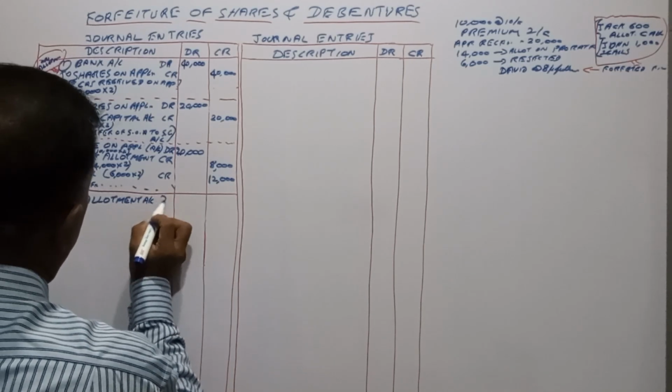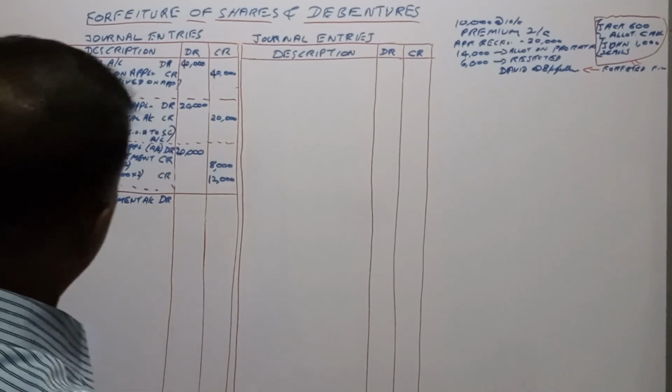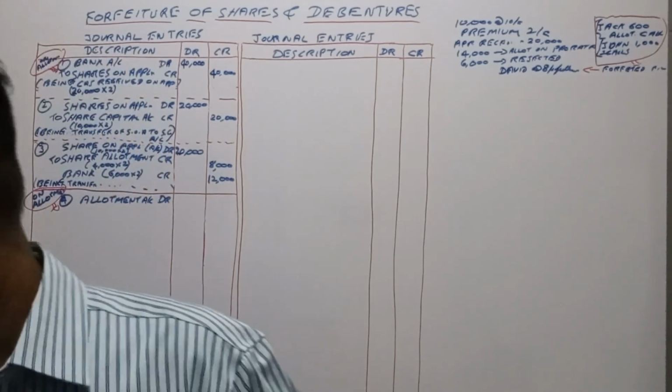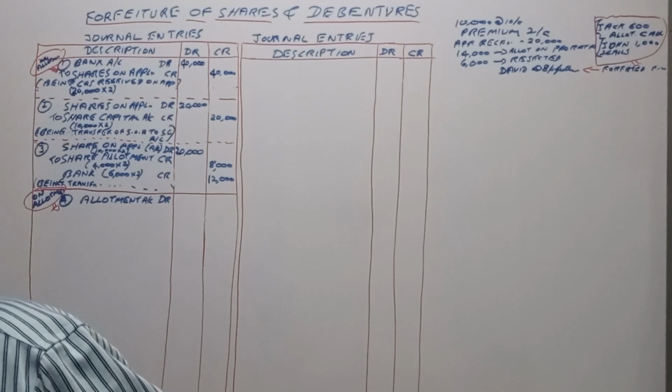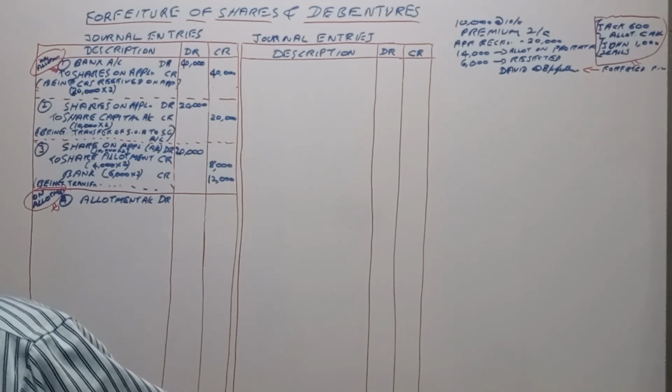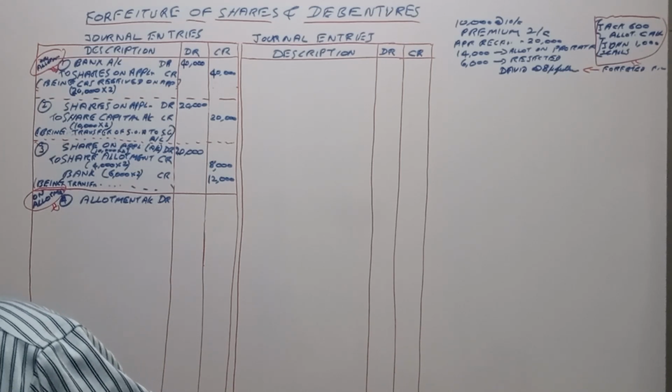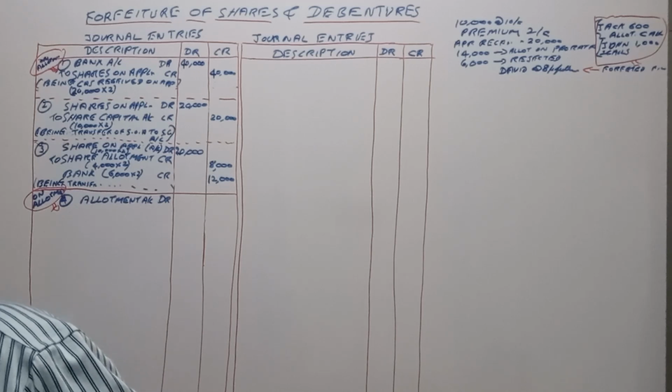How much on the allotment? On allotment we have 5 rupees.